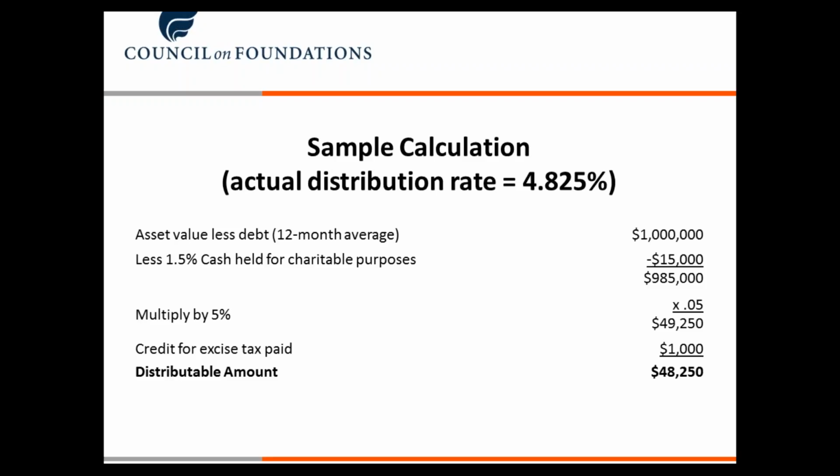They did pay $1,000 in excise tax on their net investment income, so we can give a credit for that, and the remaining distributable amount is $48,250. So for the year in question, this private foundation that has $1 million of investment assets must distribute $48,250 to stay compliant and avoid the penalty tax under 4942.